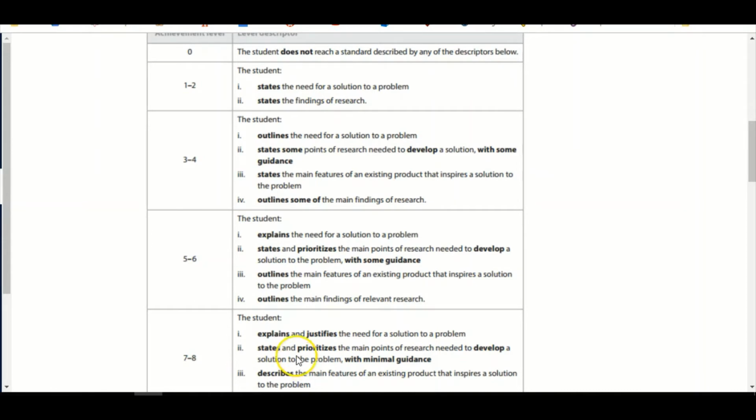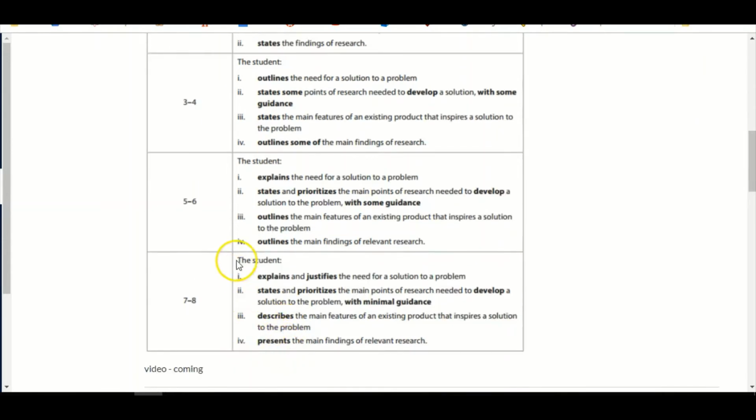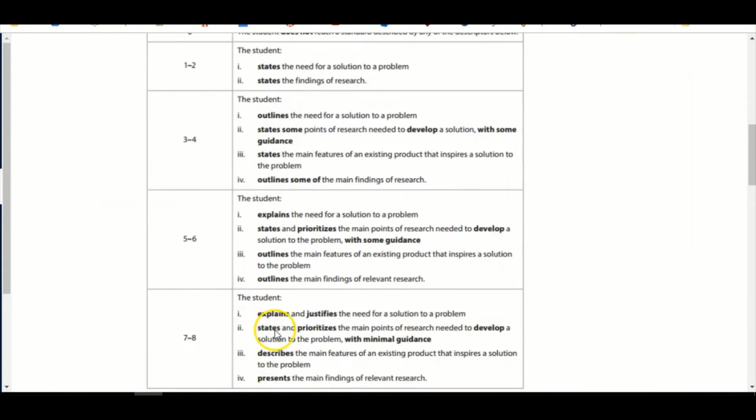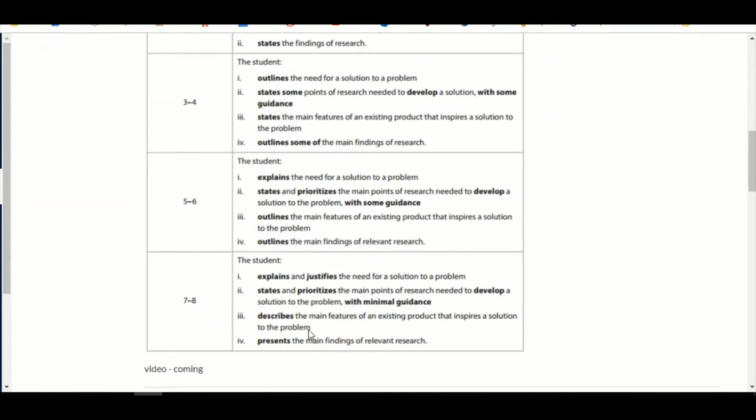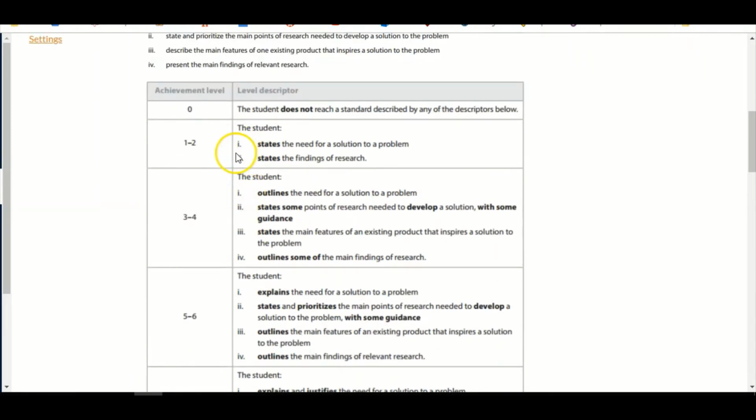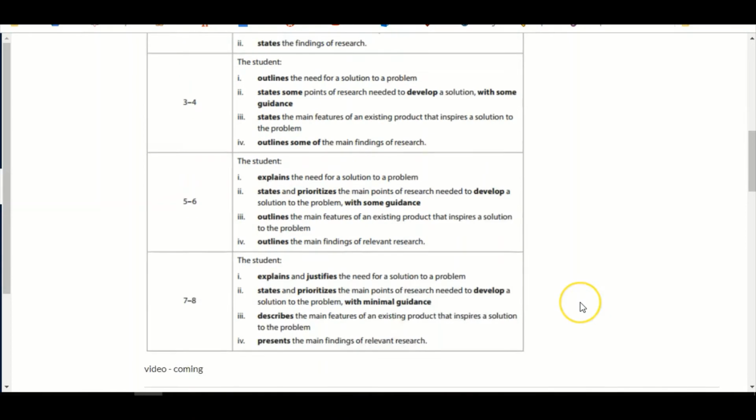In most of those sections are 4 Roman numerals, Roman numeral 1, 2, 3, and 4, and they match up with each other, meaning that there aren't 13 things you have to do, as it might initially look like when you first look at the rubric, but only 4 tasks. And you can achieve a 7 or an 8 on those 4 tasks, or a 5 or 6, a 3 or 4, a 1 or 2 on some of them, or a 0 on any of them. We're going to go through that in a little bit more detail.